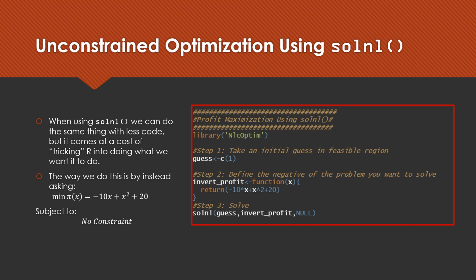So again, we have three steps. We have to take an initial guess in our feasible region. Step number 2 is that we're going to define the negative of the problem that we want to solve. So again, I'm defining this as invert profit, which is just the negative of that profit function. And then we're going to solve it by putting in guess, inverted profit, and null, which is going to be this absence of a constraint.